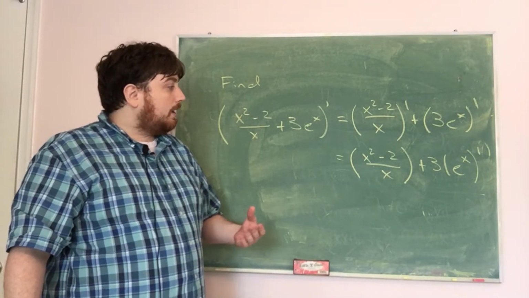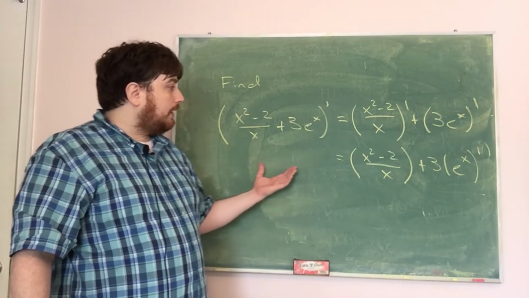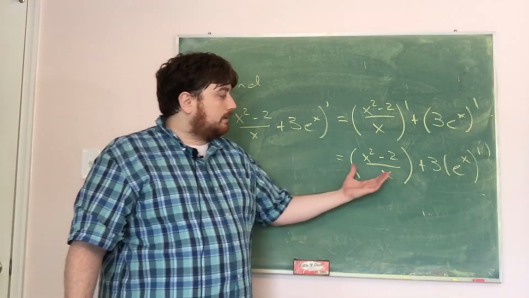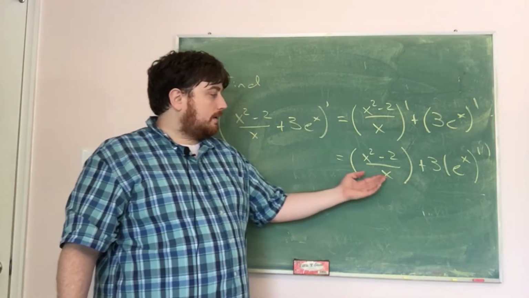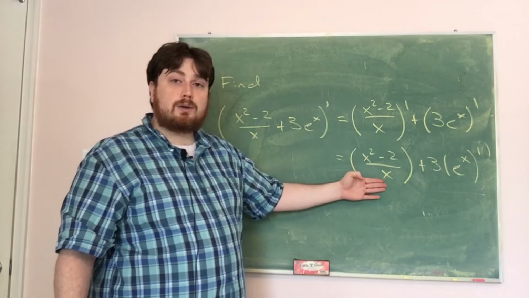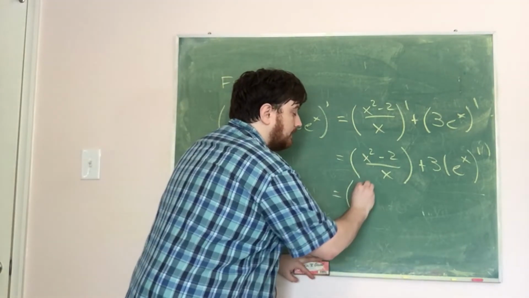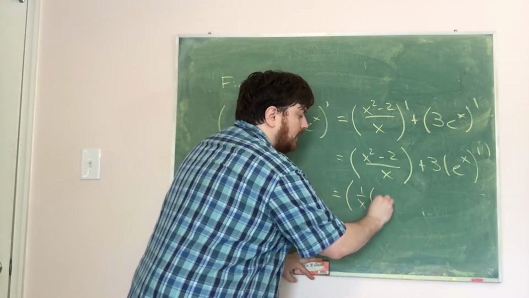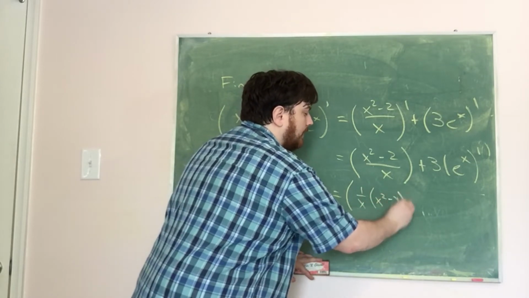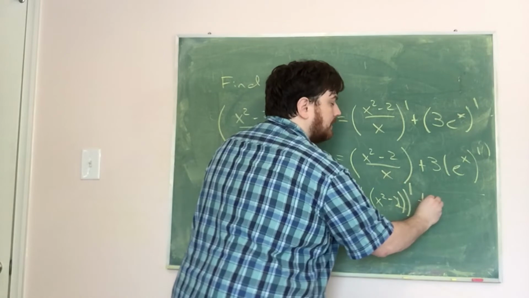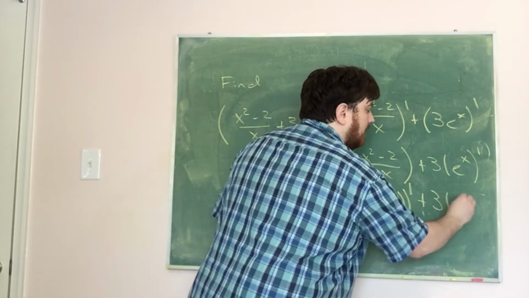Now, I'm going to look at whether I can simplify any more. Notice that I do have x squared minus 2 all over x. So I can rewrite this as the derivative of 1 over x times x squared minus 2, plus 3 times the derivative of e to the x.